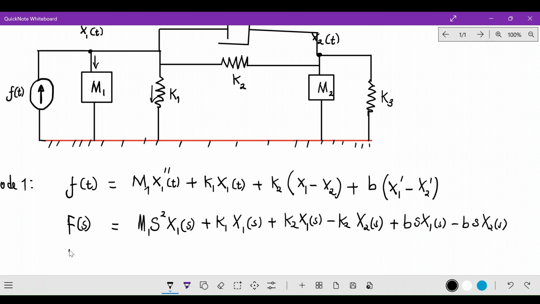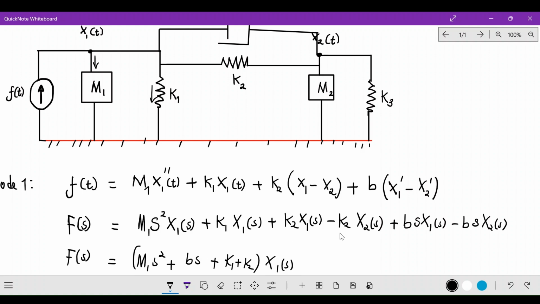Then here I'm going to put all the x1 of s terms together and the x2 of s terms together. So you have this coefficient here, m1 s squared plus bs, plus k1, and then another one, k2. The whole of this is multiplied by x1 of s.